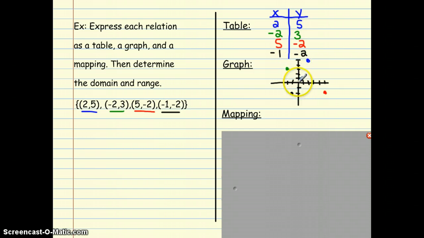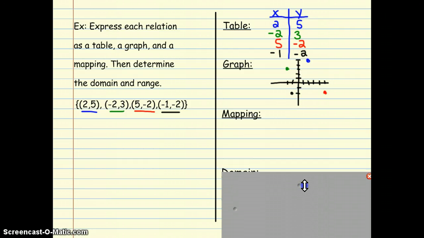So, the point negative 1, negative 2. Next, we're going to make a mapping, and a mapping is similar to a table, but there's a bit more to it. I'm going to see if I can use this nifty circle button.